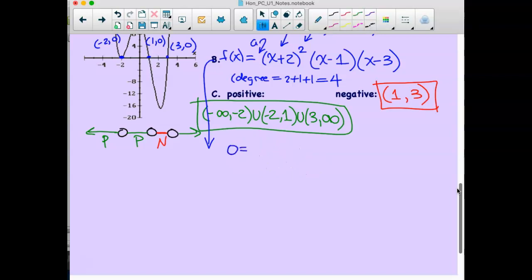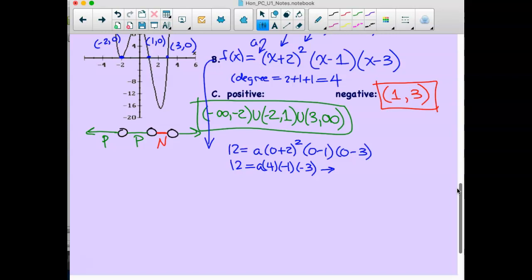So 12 equals a times 0 plus 2 squared, 0 minus 1, and 0 minus 3. If you look at that carefully, you get 12 equals 4 times -1 times -3. A goes there, so it's a pretty simple equation.